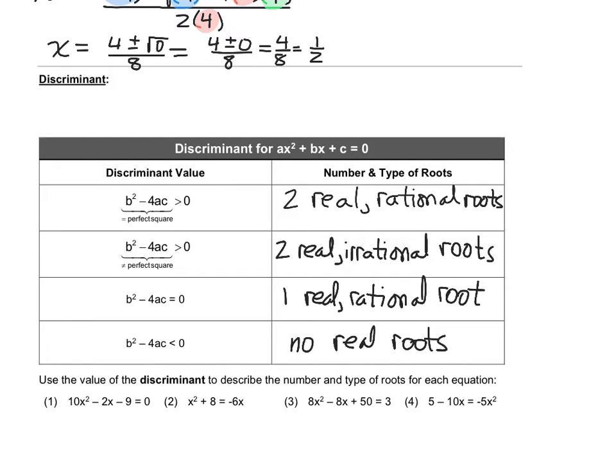So there's no real learning here in terms of operations. It's the same skill. The b squared minus 4ac is the same stuff that you've been working on. It's just we're only focusing on that part of the quadratic formula. Based on what emerges from that computation, you can get a sense of what kind of roots you're up against.